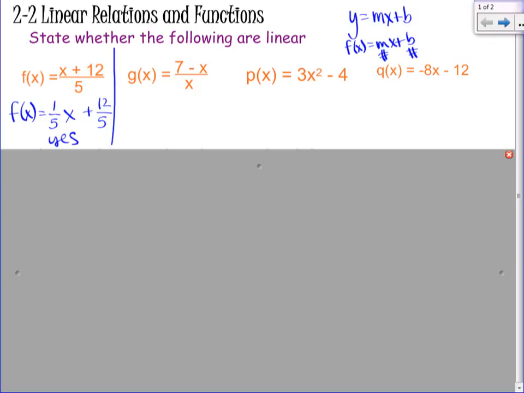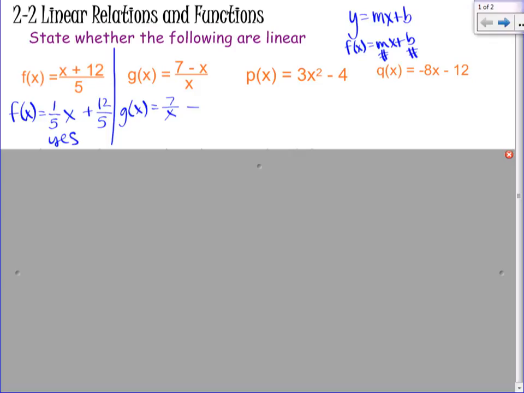Okay, next one. Looks pretty similar. Could we do the same thing? What would it look like if we did the exact same thing? Nope.